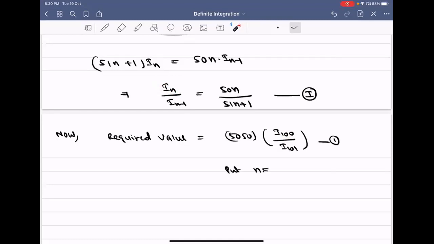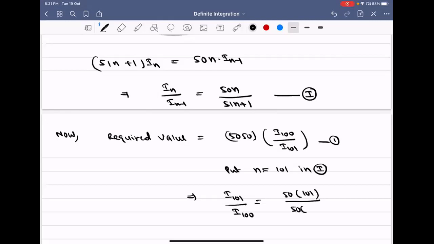Sorry, 101. Put n equal to 101 in 1. Then you get I 101 by I 101 minus 1, that is I 100, is equal to 50 into 101 over 50 into 101 plus 1.